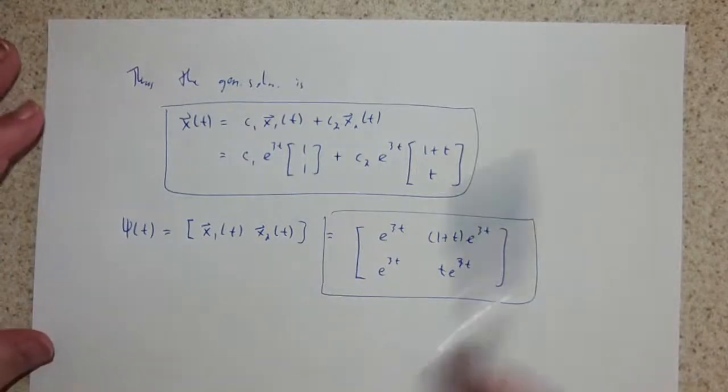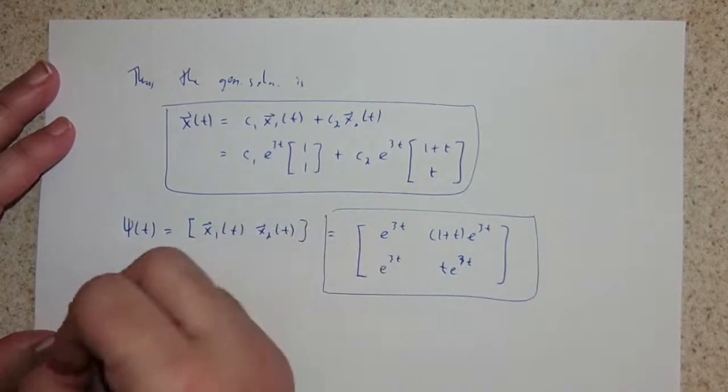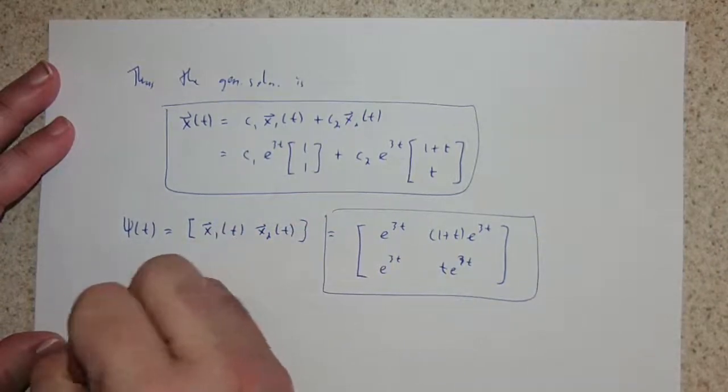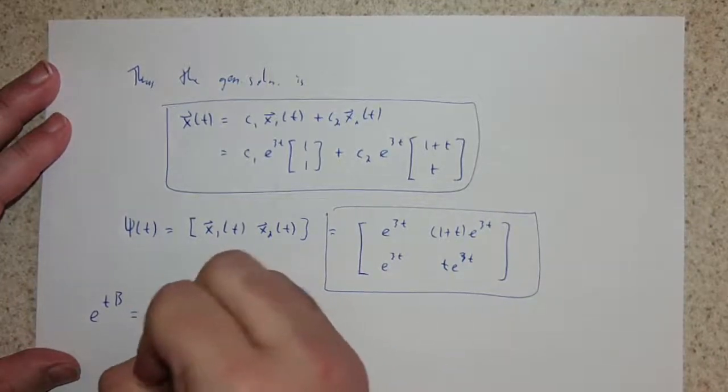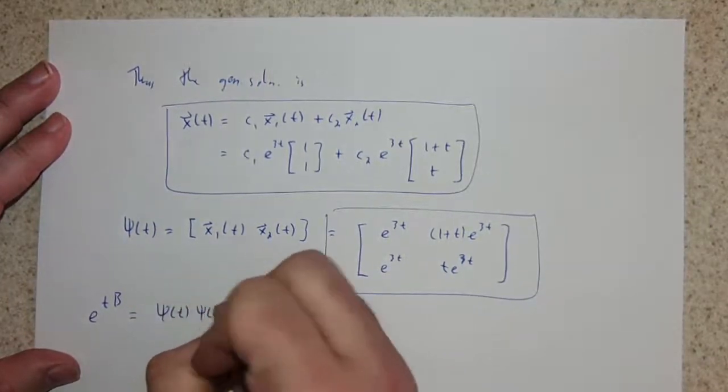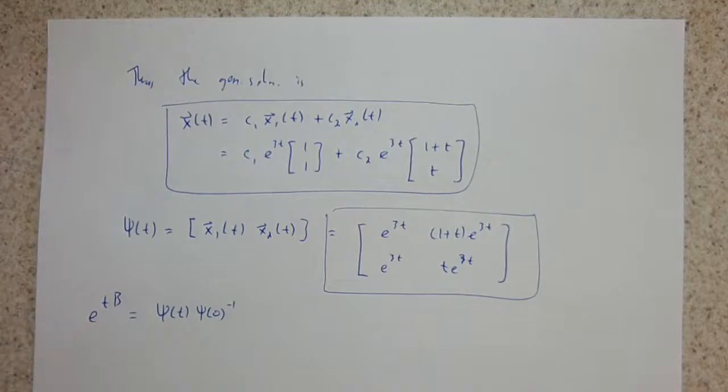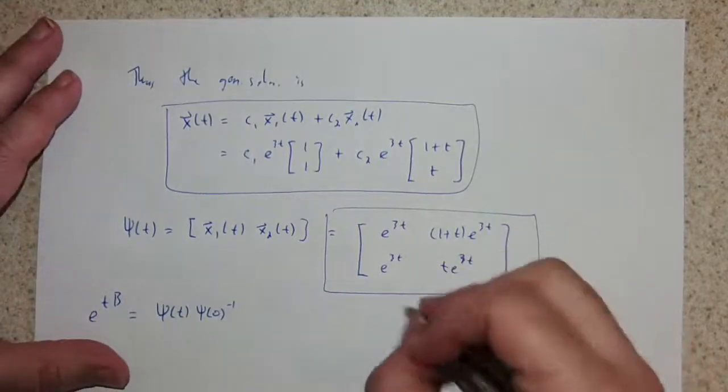Okay. Thus, the matrix exponential e to the tB is what? This is C of t times C of 0 inverse. What is C of 0 here?